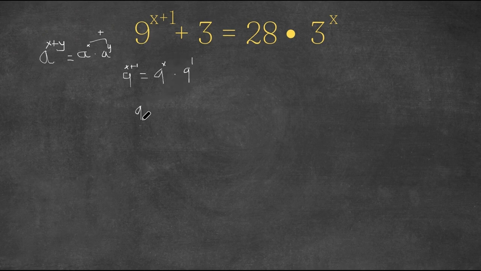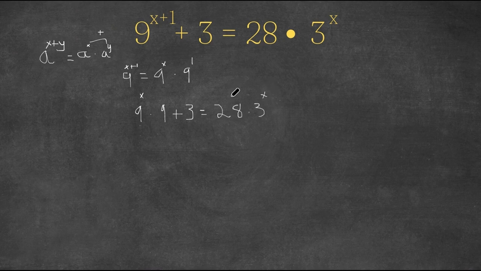We have 9 to the power of x times 9 to the power of 1, which is simply just 9, plus 3 equals, this side is still the same, so 28 times 3 to the power of x.